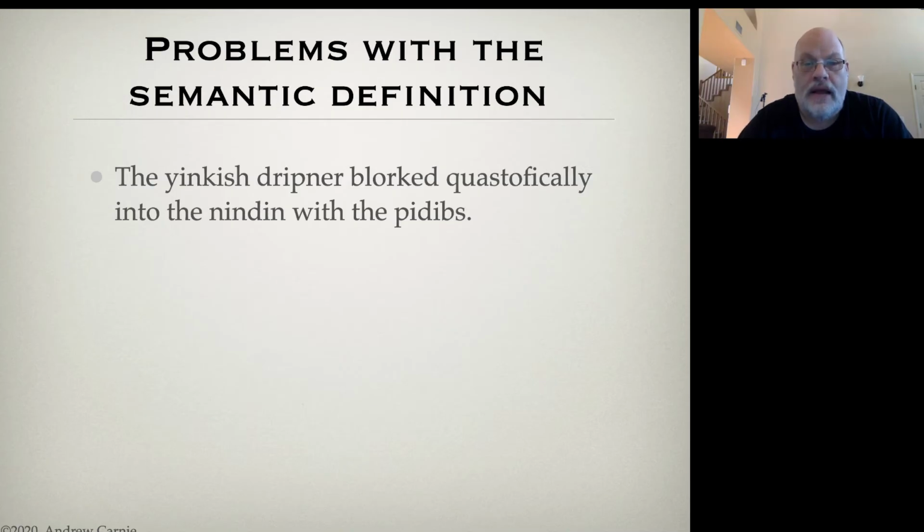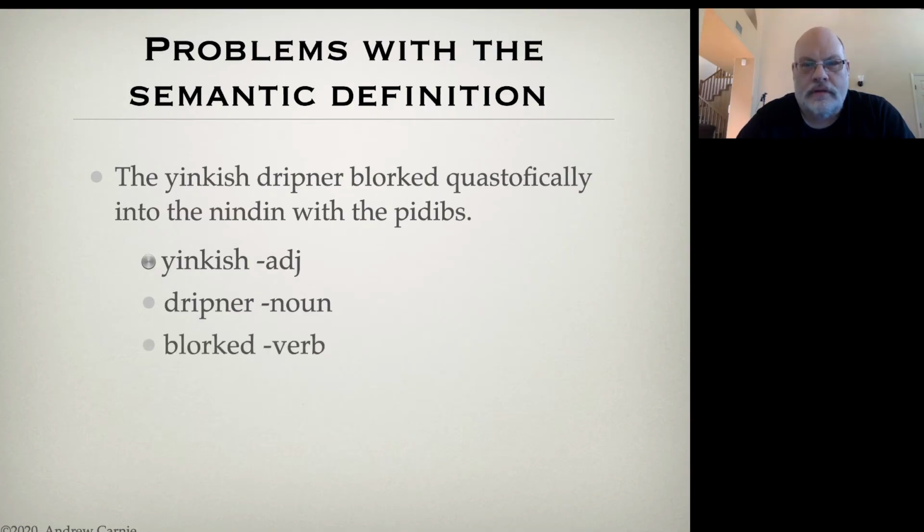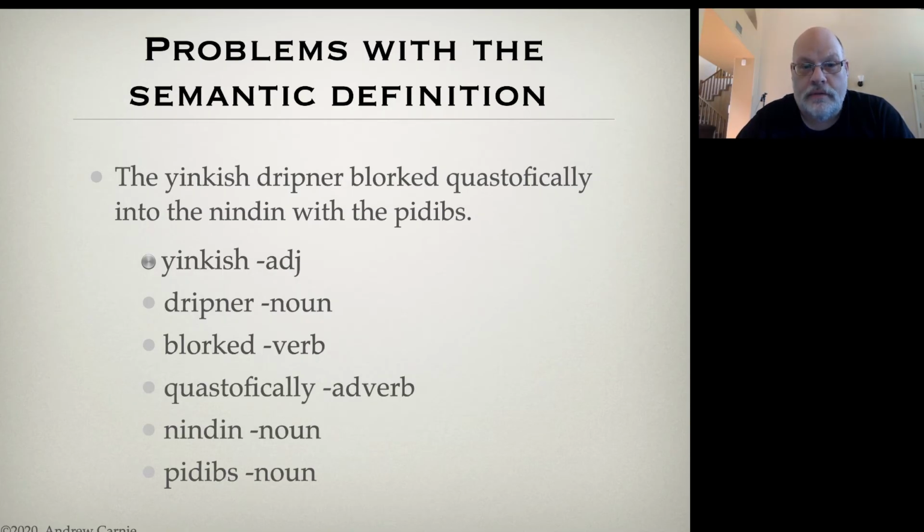These are all made-up words. So you cannot know what the semantics of them are. You cannot know what their reference is. Nevertheless, every native speaker of English will tell you that Yinkish is an adjective, that Dripner is a noun, blorked is a verb, quastophically is an adverb, and both Ninden and Pittibs are nouns.